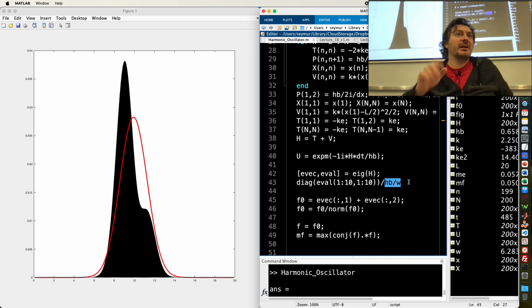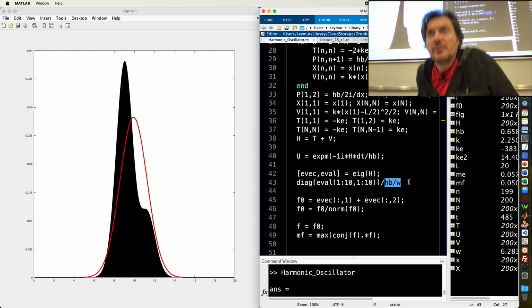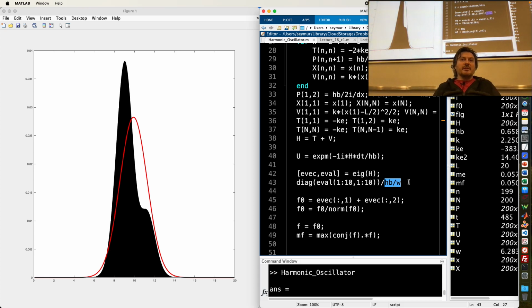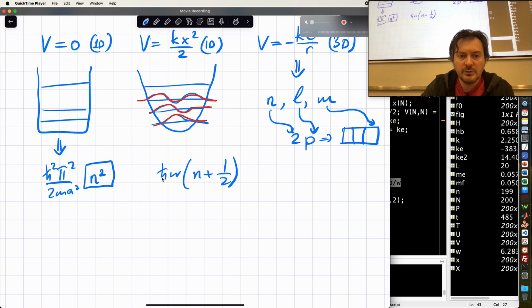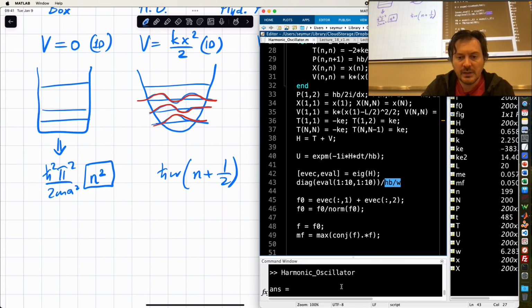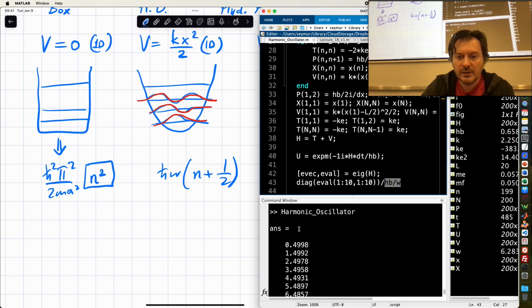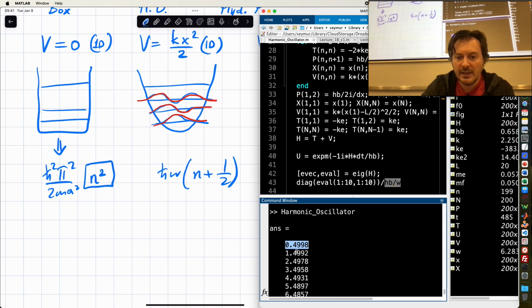So if you divide by h bar omega, what do you expect to get for harmonic oscillator? You expect n plus 1/2, right? So you expect to get, start with a half, then 3/2, 5/2, 7/2, and so on. Okay? We do get those energies. Very nice.